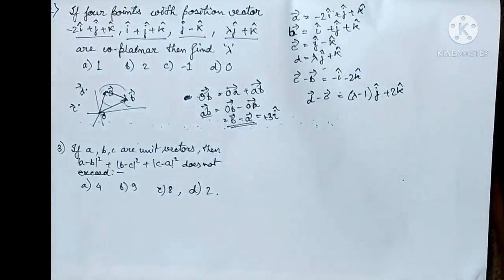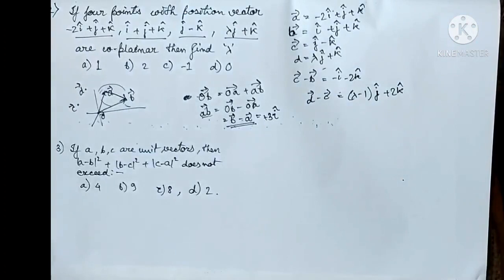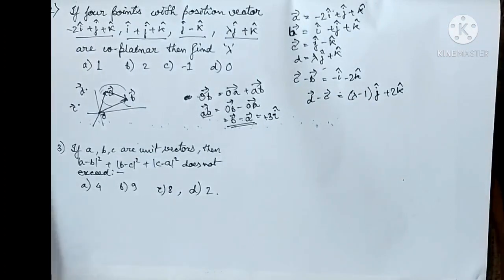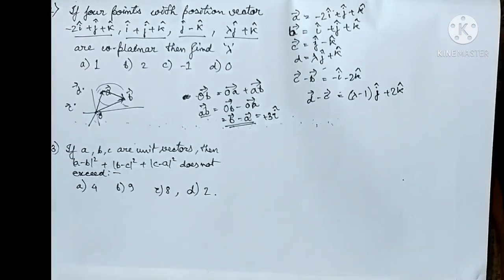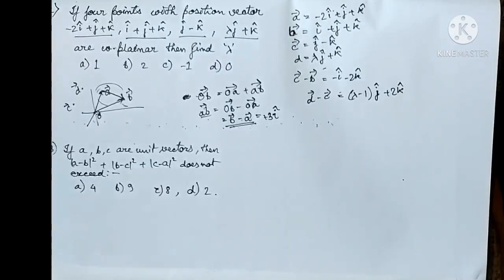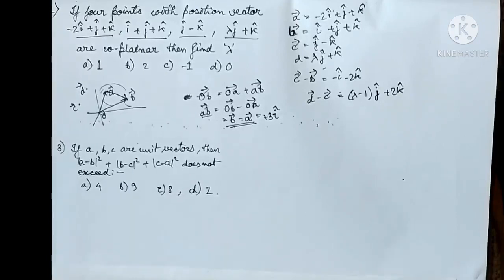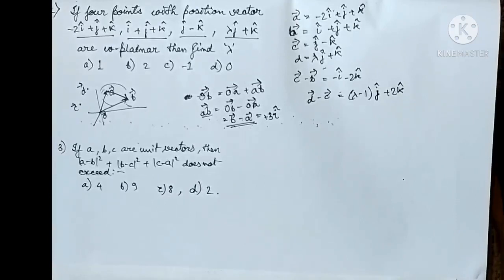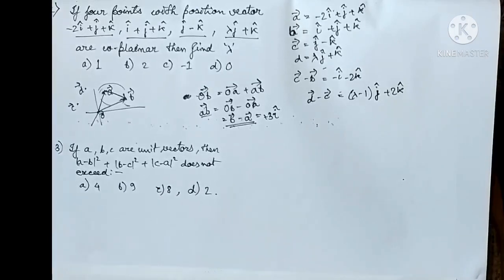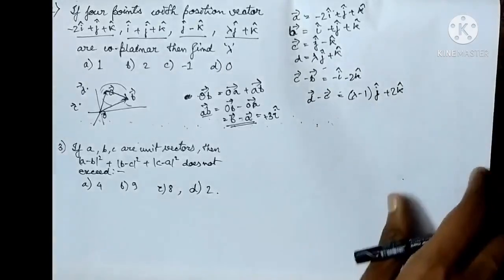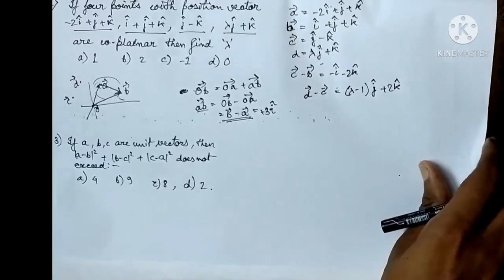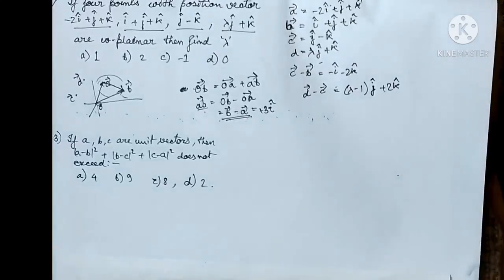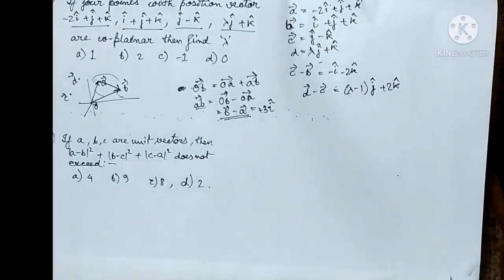So for proving the coplanarity of these 4 points, we will have the determinant do its work. It is a fair question why we are using the determinant here. Using the determinant means we are doing the cross product of those two.